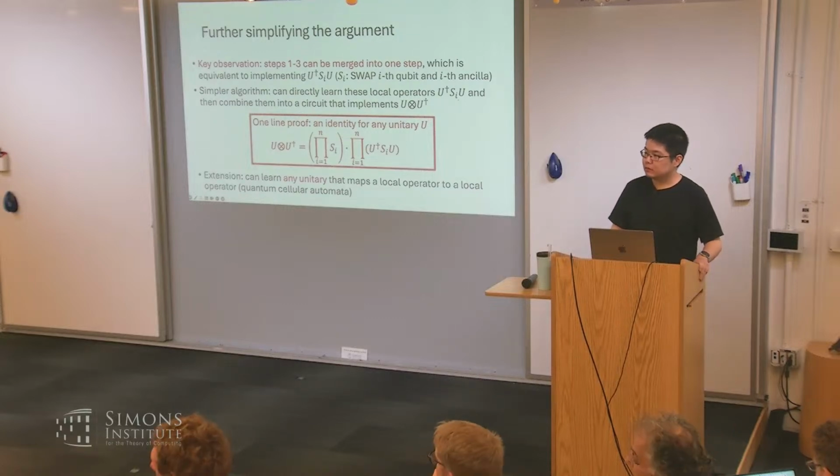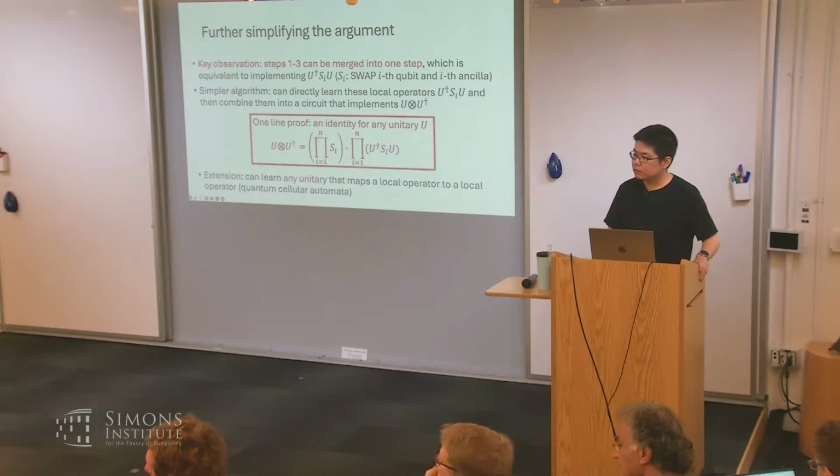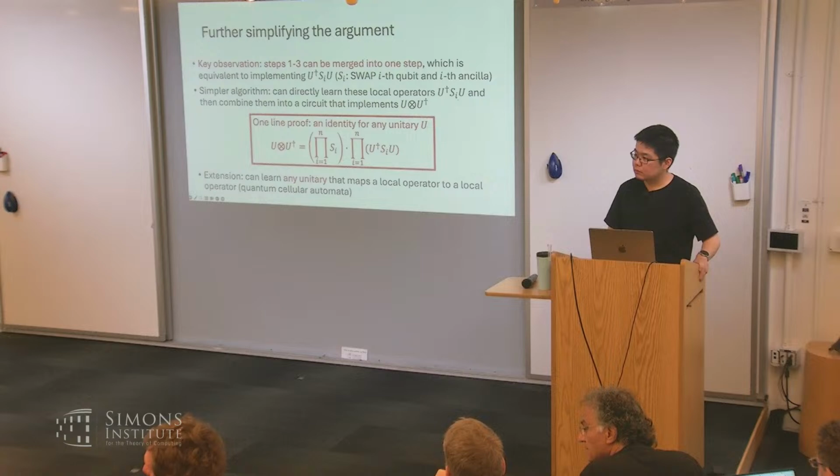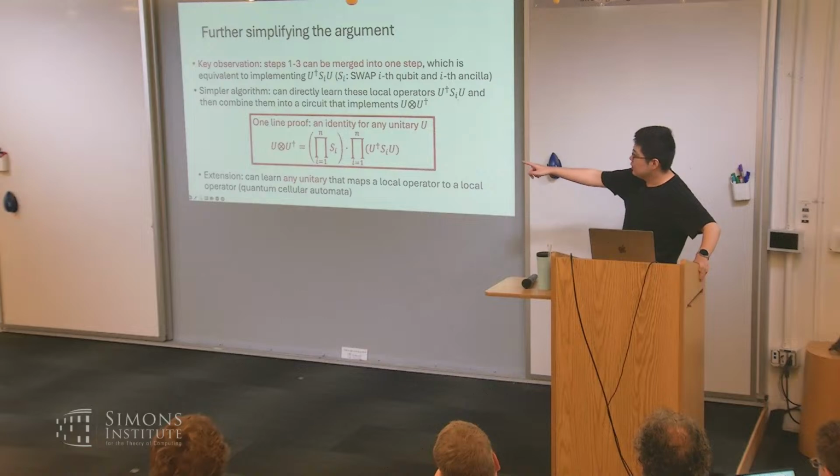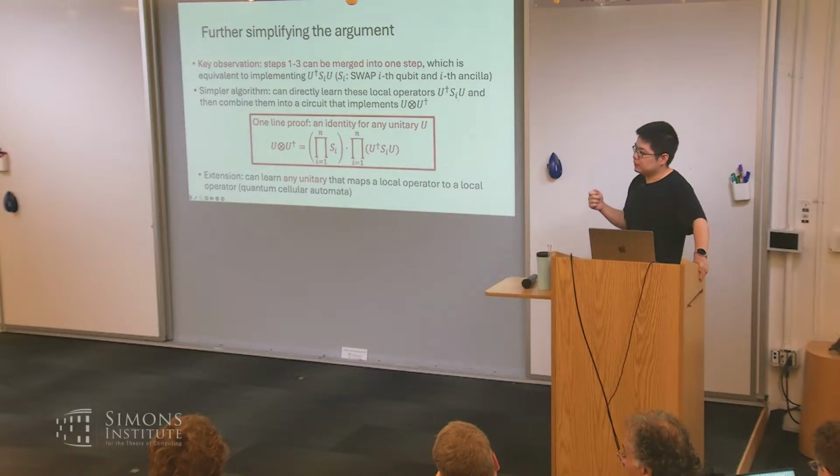Is it immediate to see that if you have a circuit for U tensor U dagger, then you can turn it into a circuit for just U? Oh yeah, because you can simply ignore the other half. You can put your desired input on the half corresponding to U and get your desired output. You don't need to care about what happens on the other half.